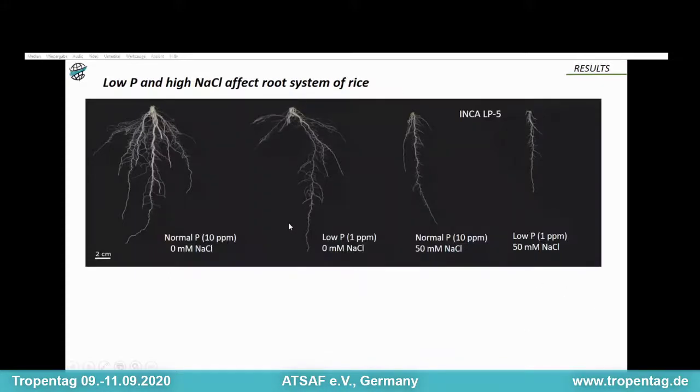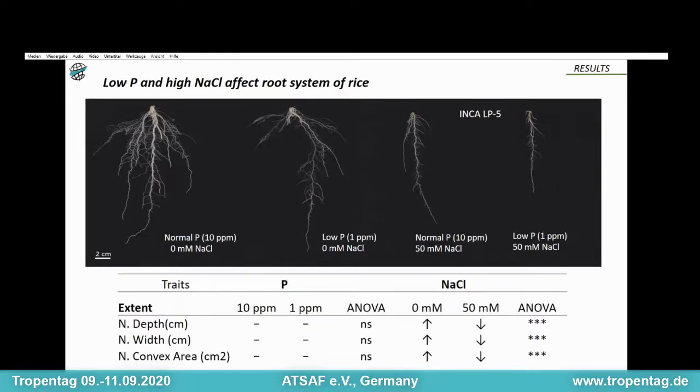This image shows the root system of the Inca LP5 genotype under 4 different conditions. And the present table shows 3 extent traits. These extent traits are network depth, network width, and network convex area.